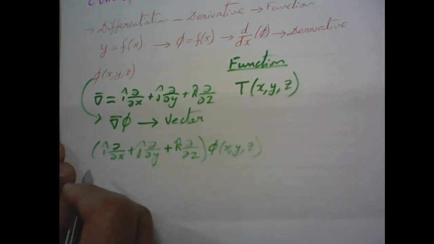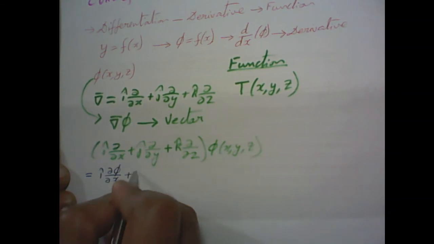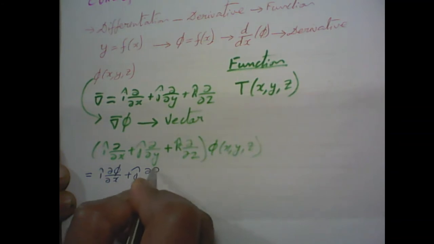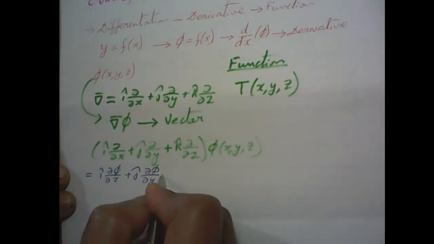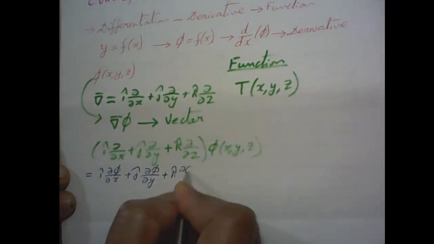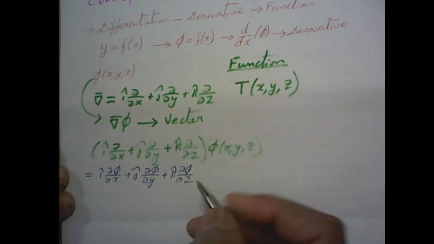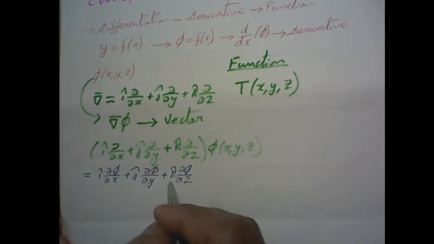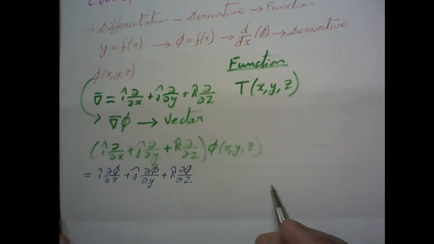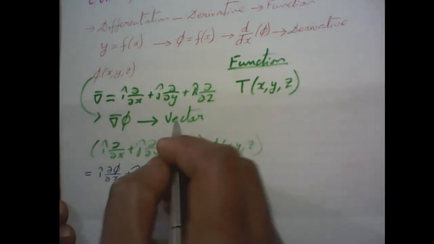When it operates, this will be equal to i ∂phi/∂x + j ∂phi/∂y + k ∂phi/∂z. I have already given you some problems where you have evaluated these gradients. As I told you, gradient is a vector quantity.